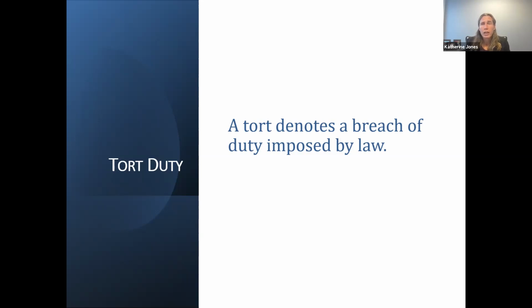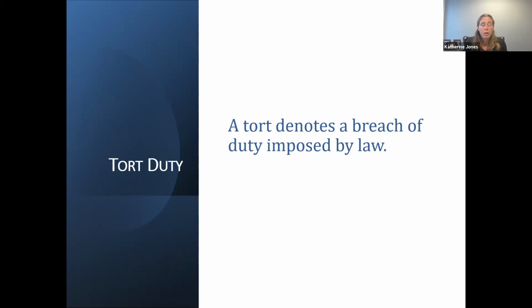And then you have strict liability, which won't be something that we're going to discuss at any length here, but that tends to arise with products. So when you put a product in the stream of commerce, you are essentially warranting that it is fit for its intended purpose.